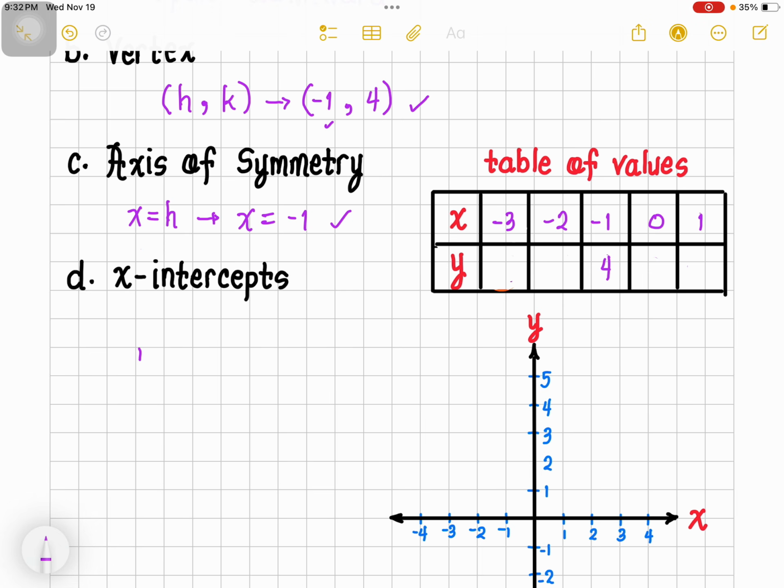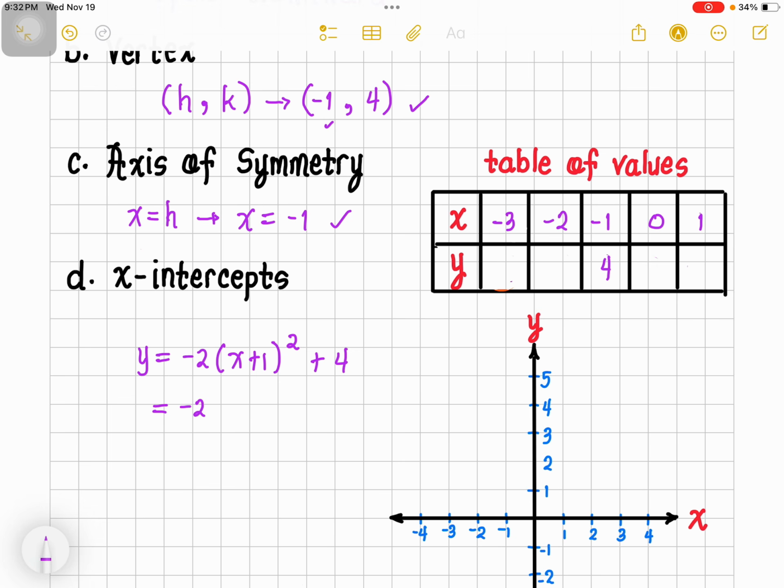So, let me use this part. So, y is equal to yung ating given problem or yung original, negative 2 times the quantity of x plus 1 close squared plus 4. Okay? So, guys, ang gagawin lang natin dito, ipa-plug in lang lahat natin yung values na negative 3 up to positive 1 in place of the variable x.